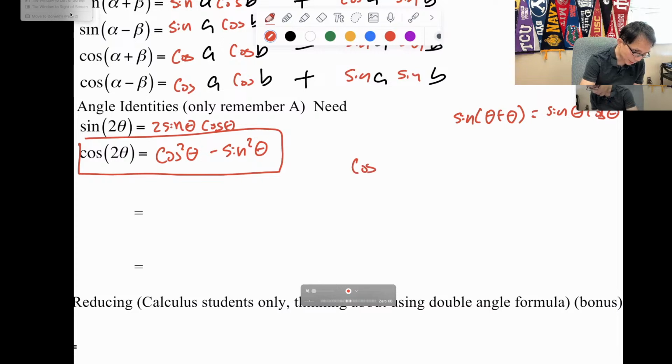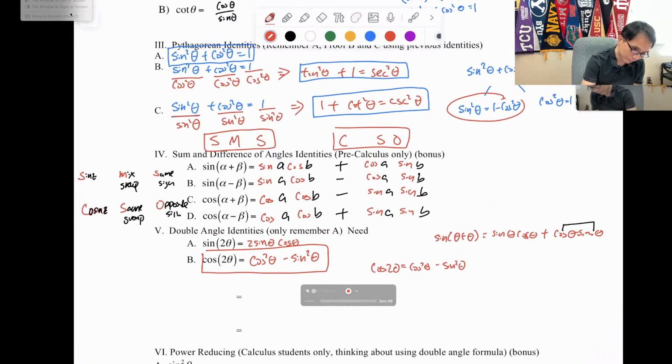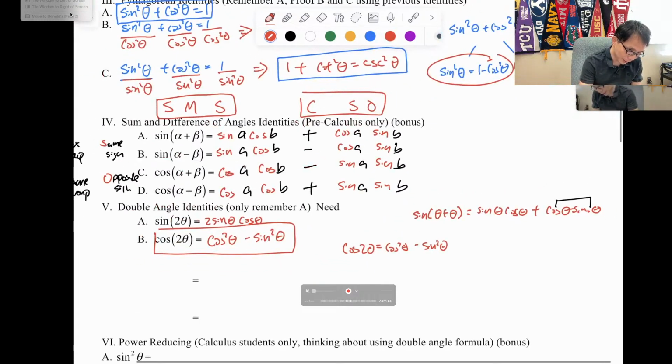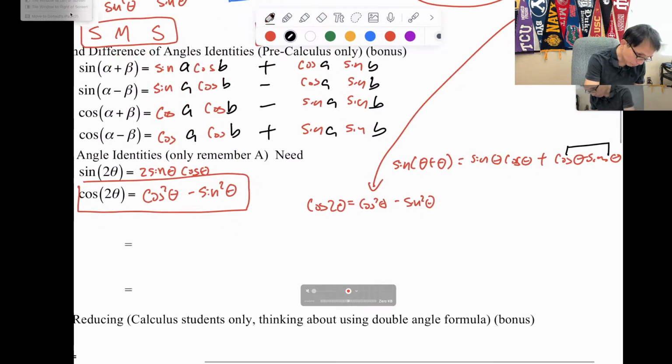So it'll be cosine 2 theta equal to cosine squared theta minus sine squared theta. And we're going to use this here and here because we can convert cosine in terms of sine. This is a very useful tool. So now I'm going to replace that cosine squared.